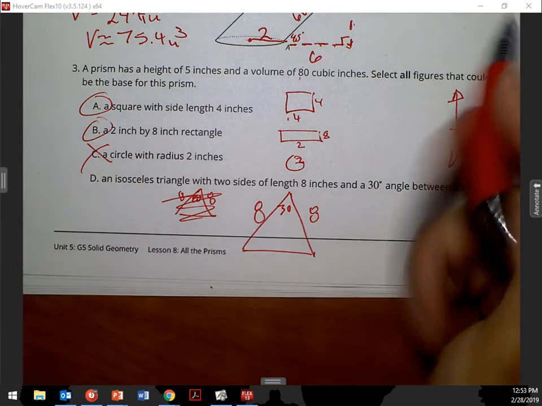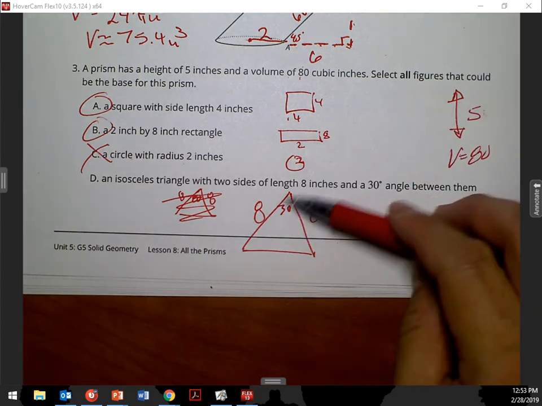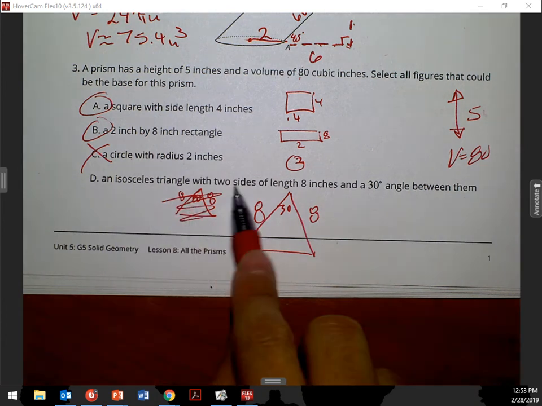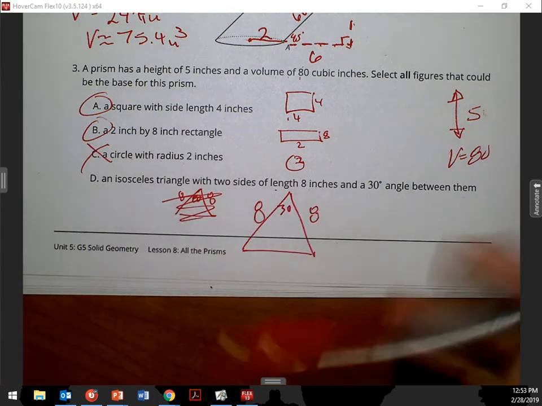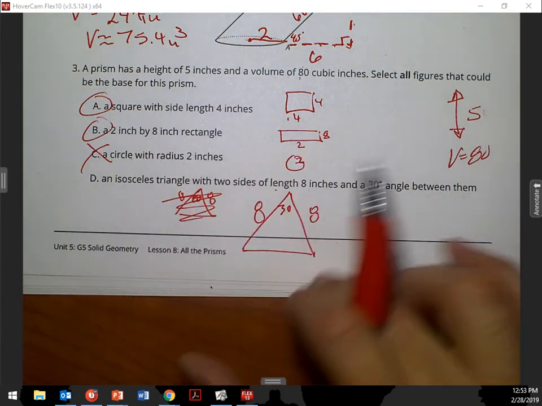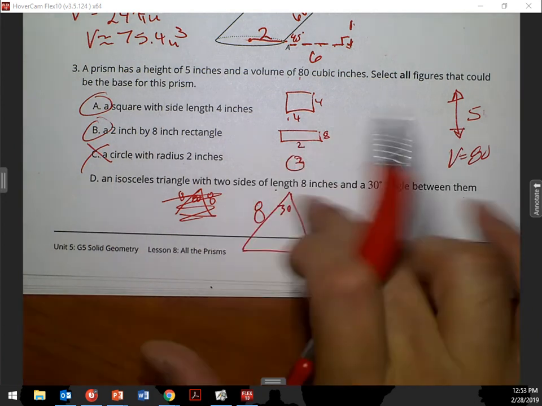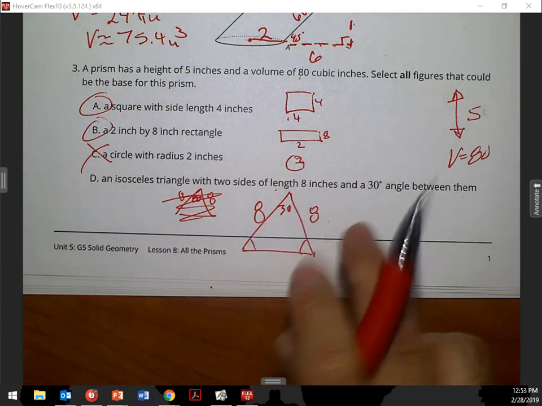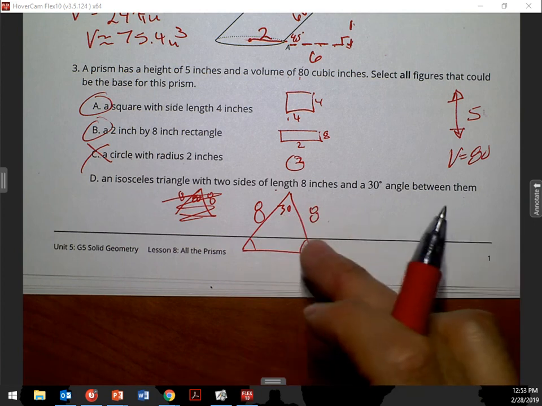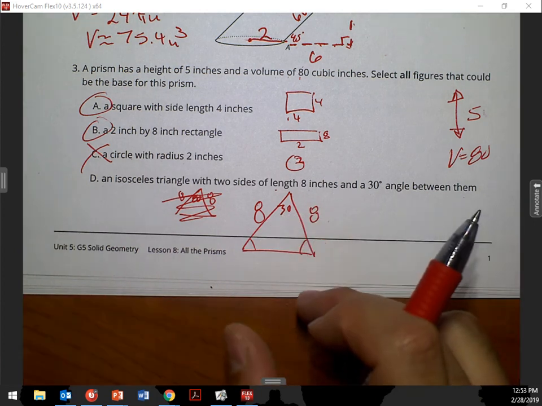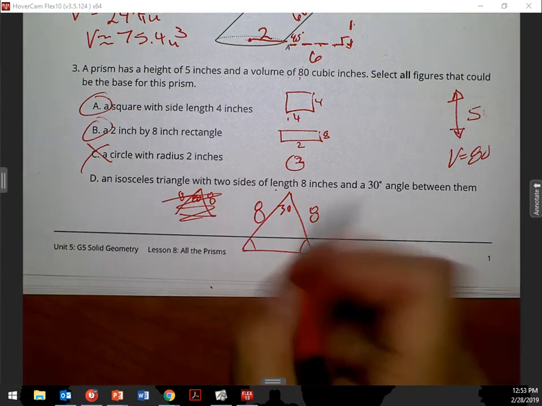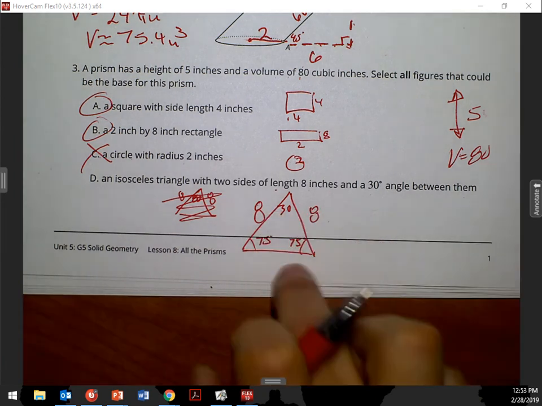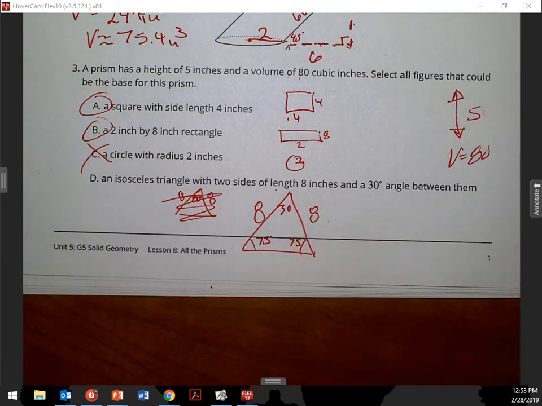That's 8. In an isosceles triangle with an angle of 30 between them, isosceles means these two base angles are the same. So 180 minus 30 is 150, 150 divided by 2 is 75, 75, so this one is not going to work out.